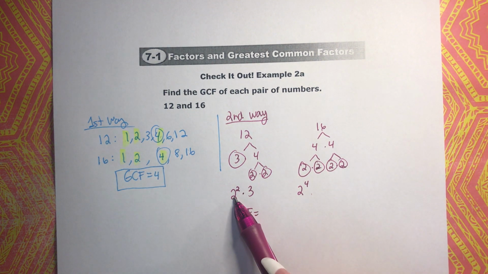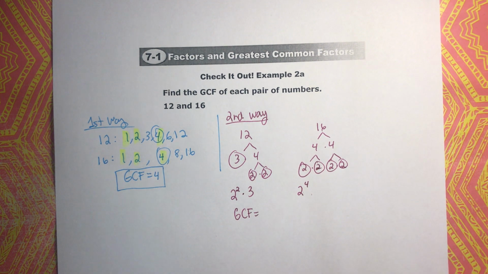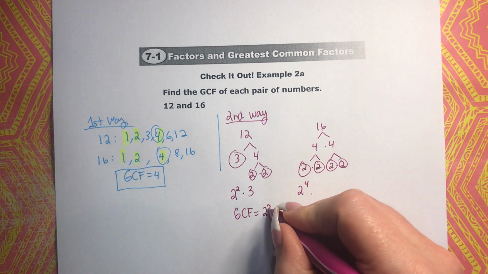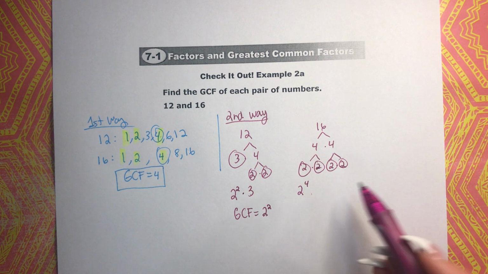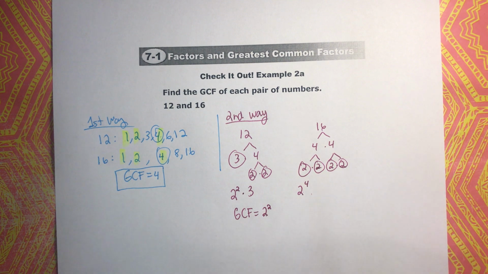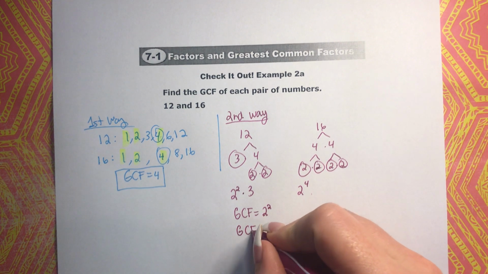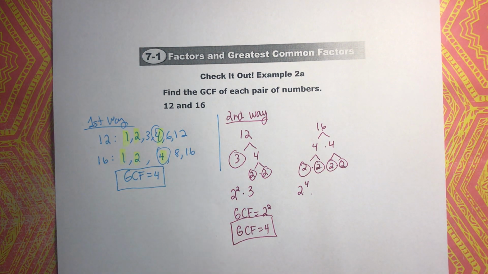Well, we have a 2 squared here, and we have a 2 squared within 2 to the 4th power. So we know that our greatest common factor is going to have a 2 squared in it. There's a 3 here, but there's not a 3 here, so we can't write it. So there it is. That's our greatest common factor: 2 squared, which is 4, which is the same thing. So if you got both of those right, awesome.